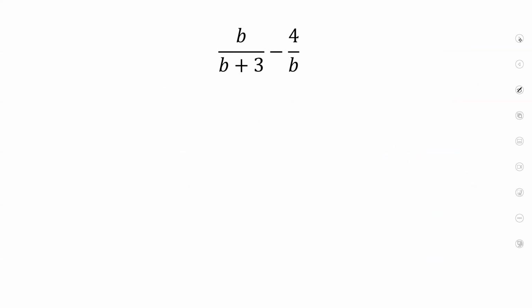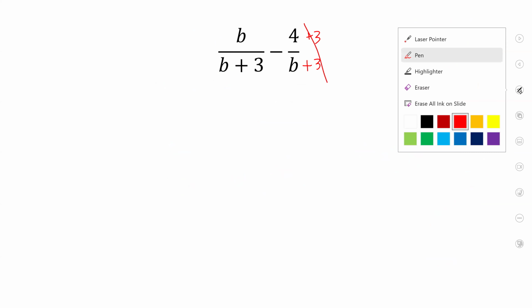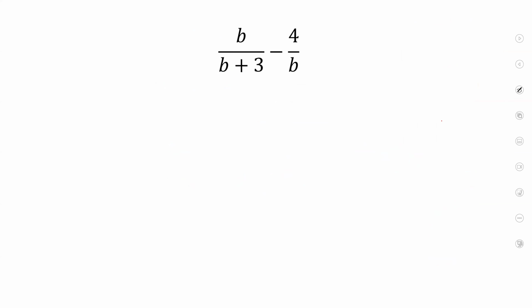Let's try this one. Now, I see a lot of people just try to do this. No, that is illegal. You can't do that. What we're going to do is multiply this one by a b, and what is this one missing? This one's missing a b plus 3. Now they look the same. Whatever you do to the denominator, you also need to do to the numerator.